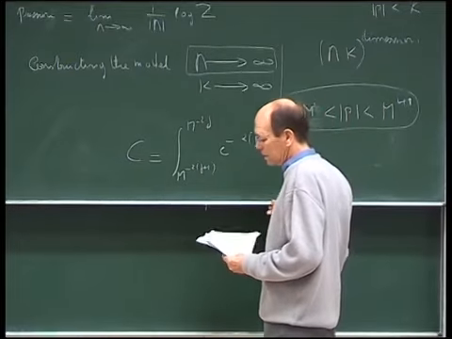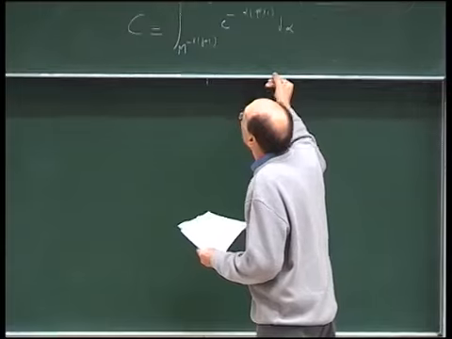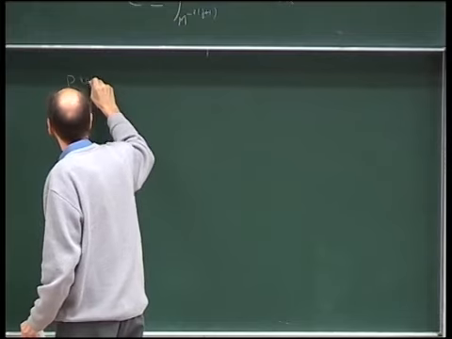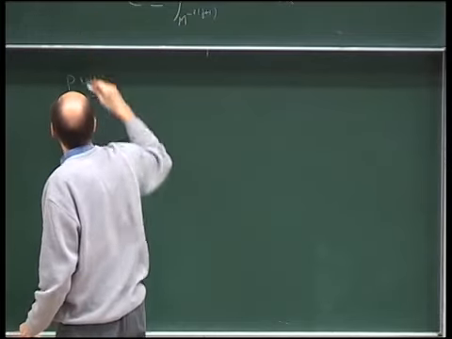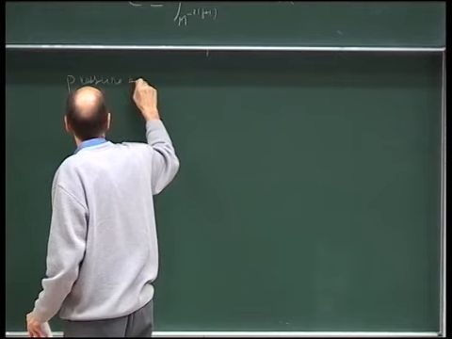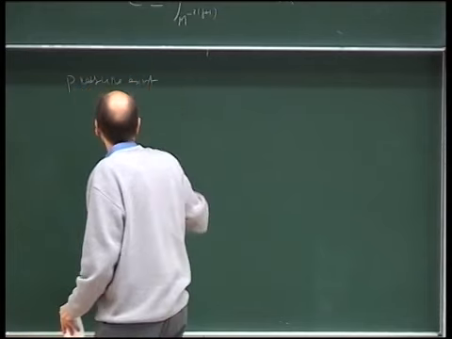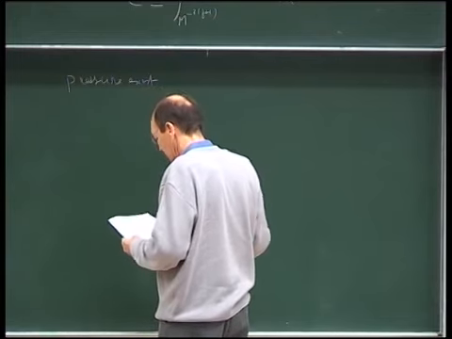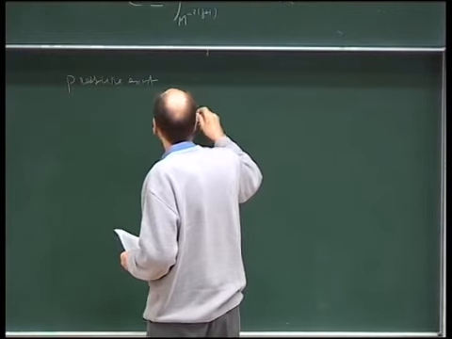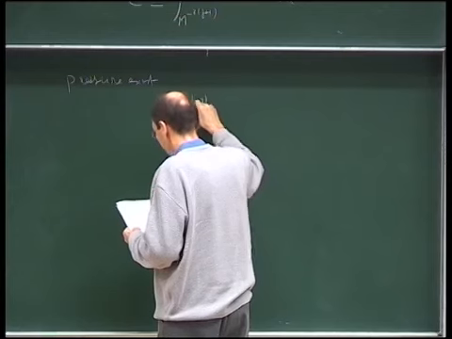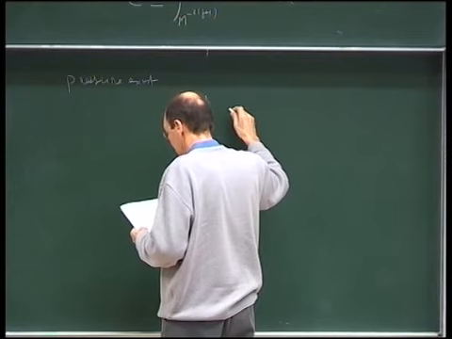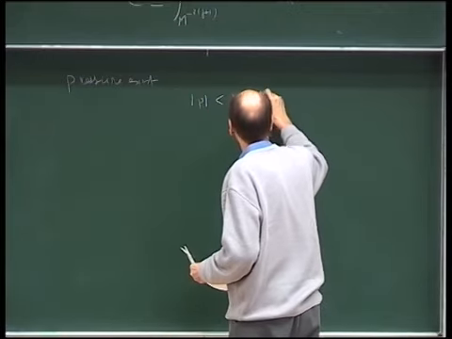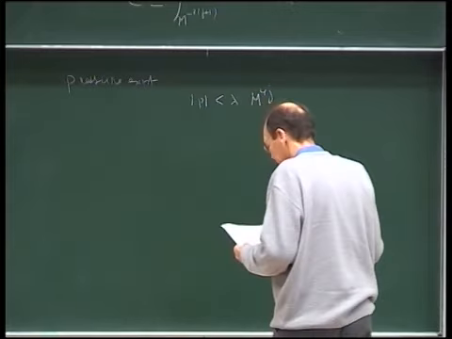So the results are that, first, the pressure exists. This P here exists, and in fact it is bounded by lambda, the coupling constant, times m to the 4j.